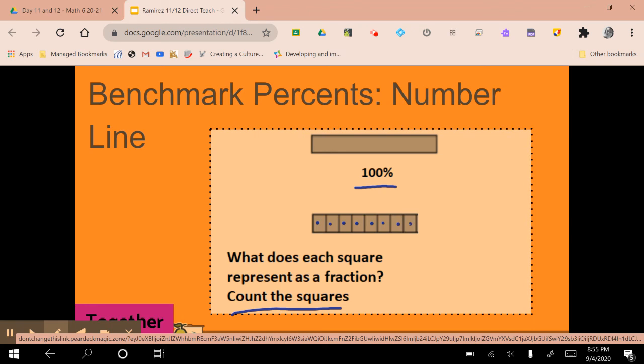So there's 8 total squares. The 8 is going to go on the bottom because that's our total. I want to know what one square is out of 8. So each square represents 1 out of 8 total.